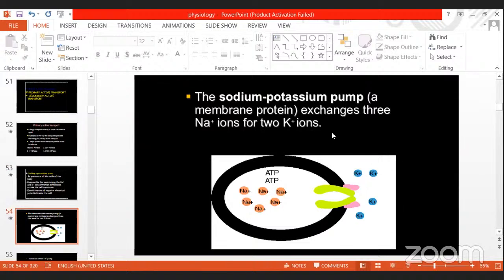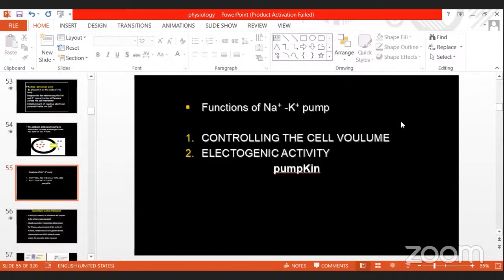The sodium potassium pump exchanges 3 sodium ions for 2 potassium ions. Remember, 3 sodium ions are moving out and 2 potassium ions are coming in, which controls the cell volume and also the electrogenic activity of the cell.